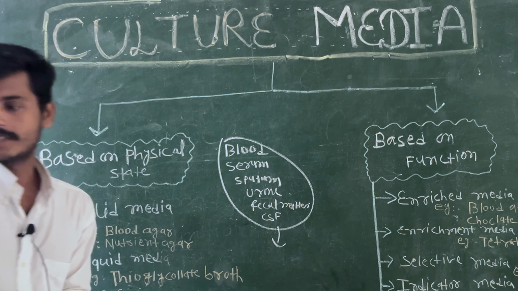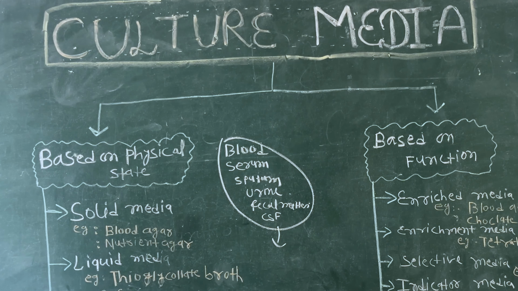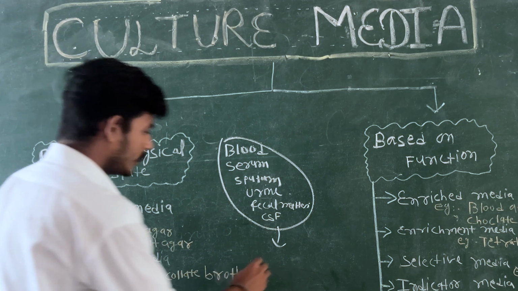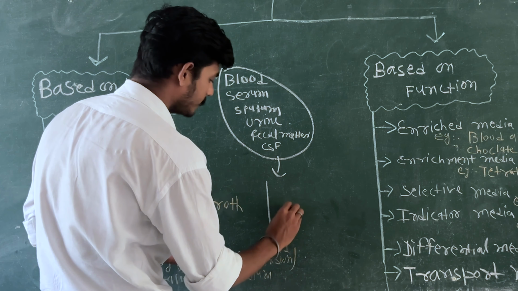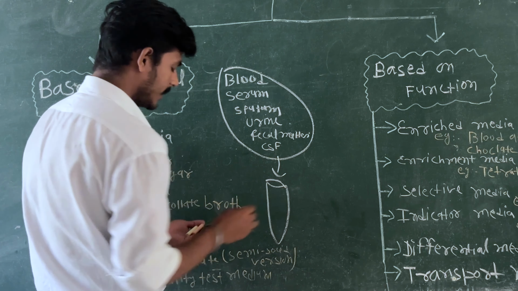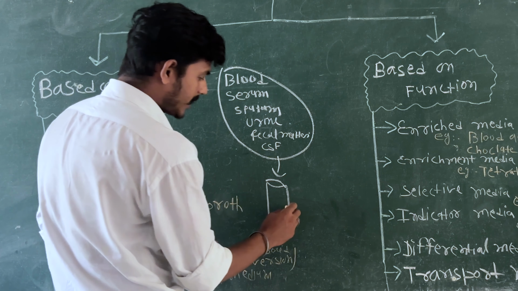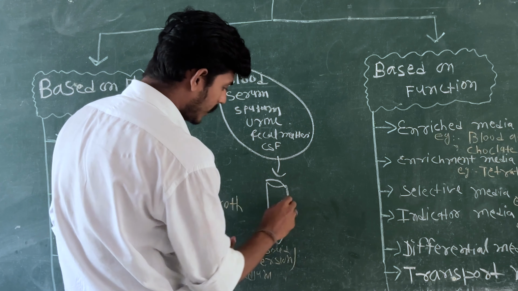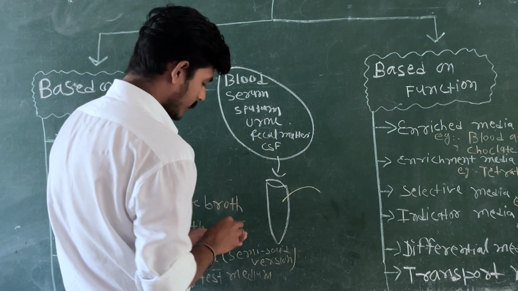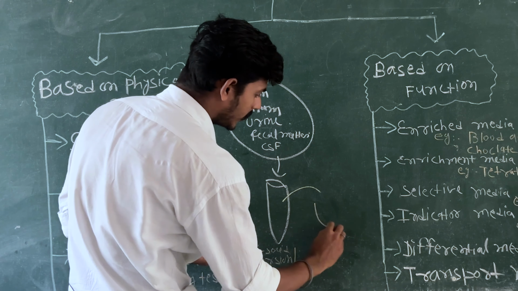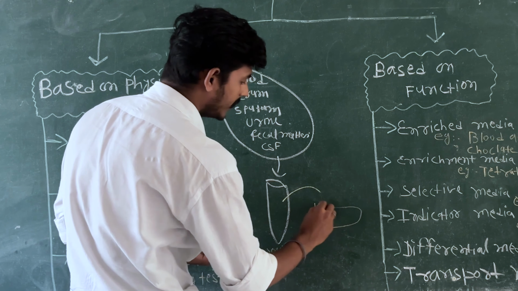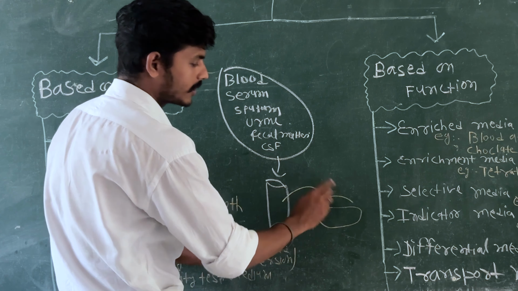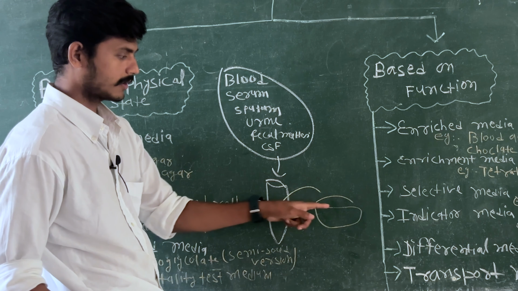We take the sample, and these samples will be put into a test tube. Then from this test tube, we will put the bacterial sample into the nutrient media via inoculation.